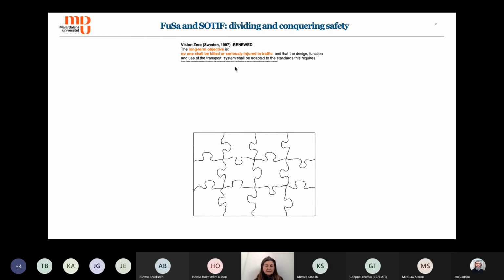is rather utopic. And in the context of the automotive sector, this objective has been targeted by adopting a divide and conquer approach. So safety, as you can see here in this picture, is a composition of tiles where each tile focuses on an aspect of safety.